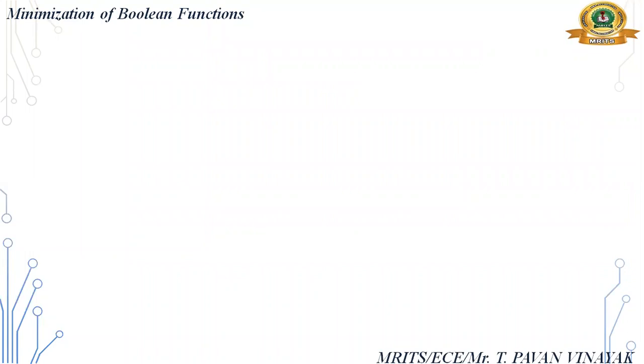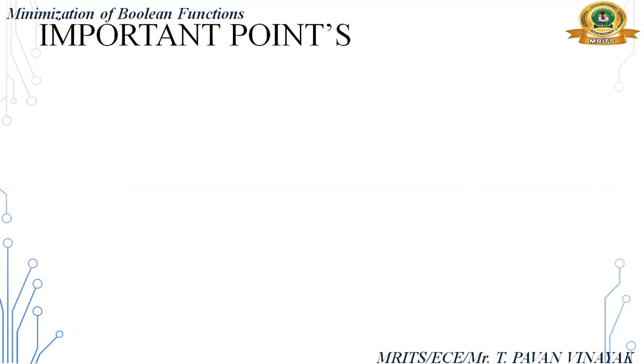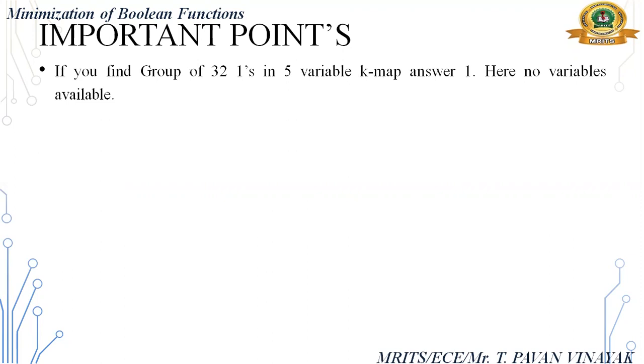Like that you have to make groups. Find the group and check the common variables. One more important point: if you find a group of 32, then the answer is either 0 or 1 based on SOP or POS. No variables are available.